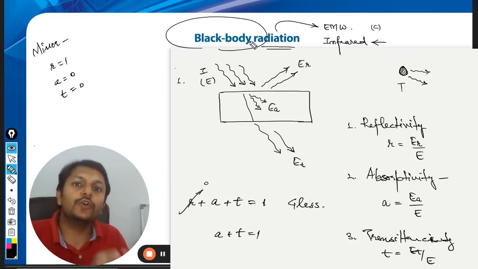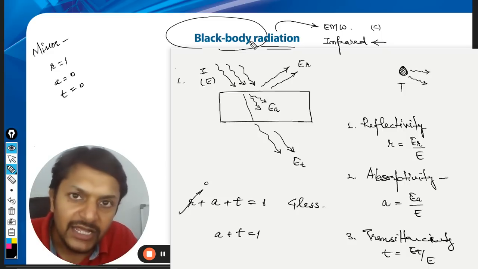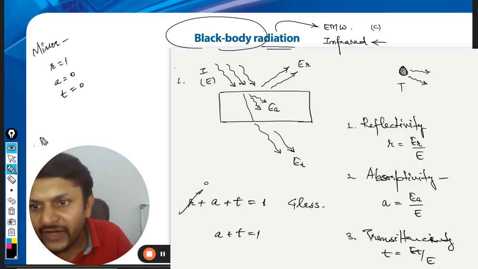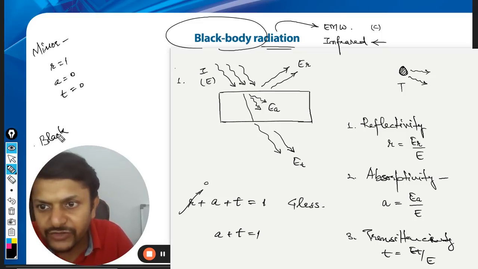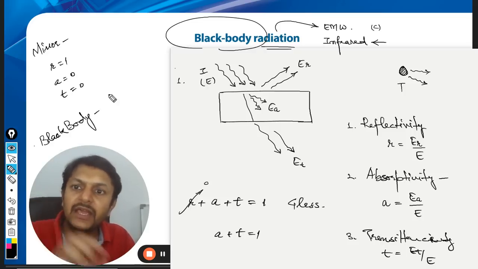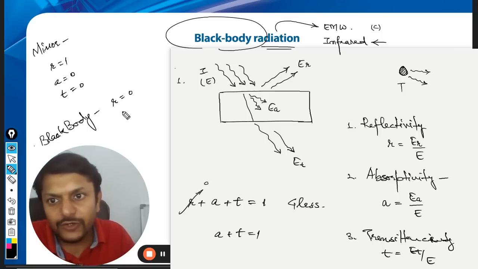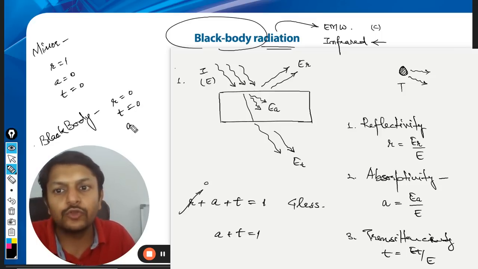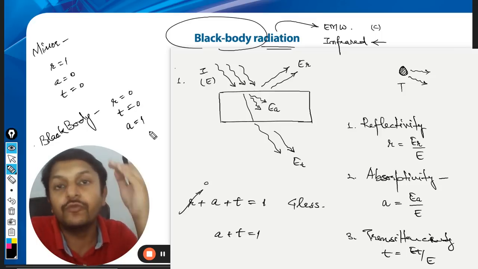So what is this black body? A black body is, first of all, a hypothetical body. It is defined as a body for which reflectivity is zero as well as transmissivity is zero, so the absorptivity is equal to 1.